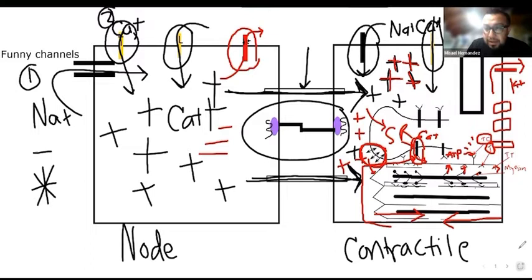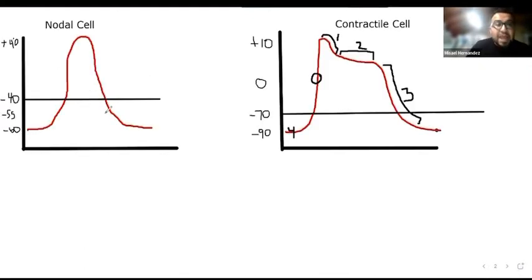Okay, let me go on to this part right here. Now, this is what's happening during the actual action potential, right? So the nodular cells have a non-consistent resting membrane potential, but let's say it's about minus 60, right? Once those funny channels that I was discussing start allowing the influx of sodium coming in, the action potential starts increasing, meaning that the cell starts becoming more positive on the inside of the cell.